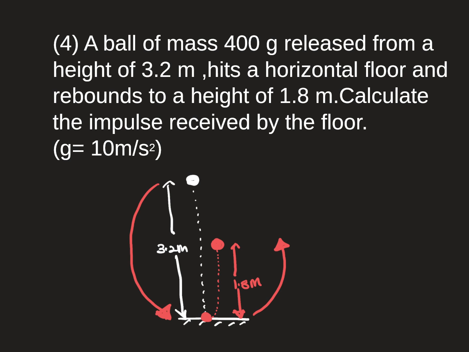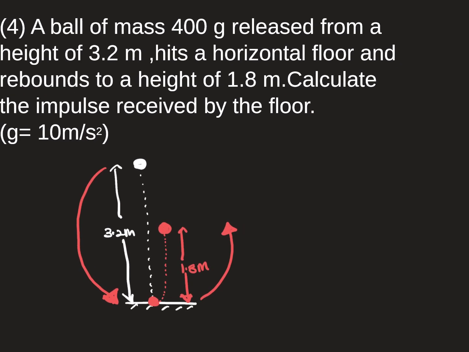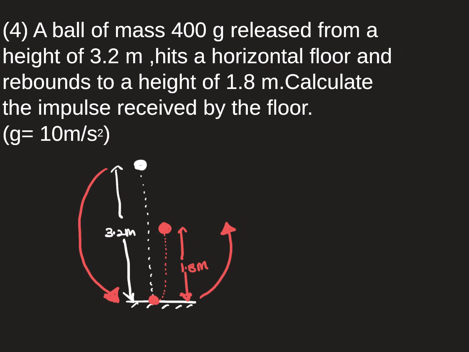Because it's the velocities that will give us the impulse. So what is the velocity at which it hits the ground, and what is the velocity at which it leaves the ground during rebound? These are what we need to find in order to be able to find the impulse.